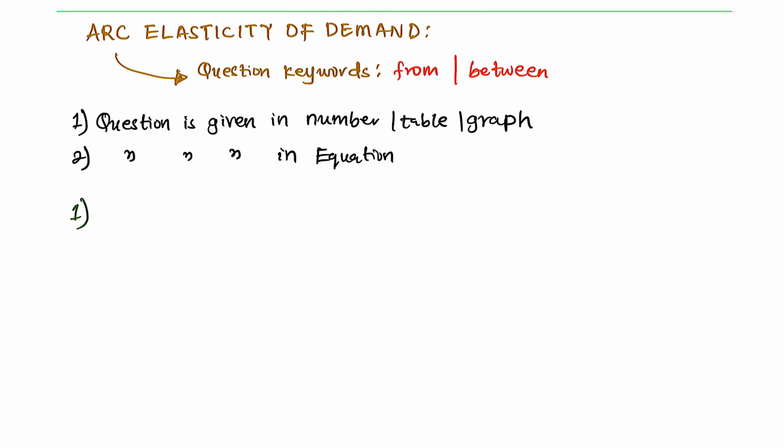The situation of number one is, we've seen previously that elasticity of demand equals change in Q divided by change in the factor multiplied by the factor divided by the Q. Because we are calculating arc elasticity, these values here are actually points.